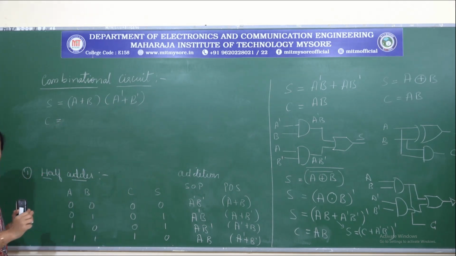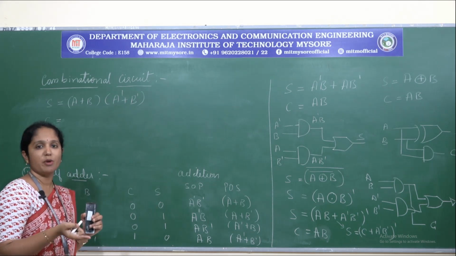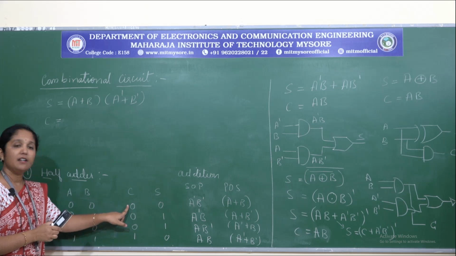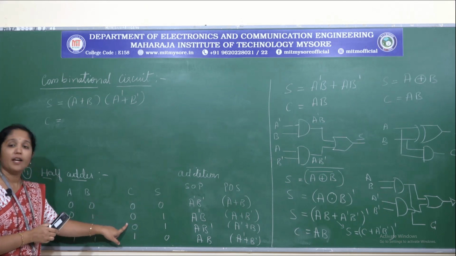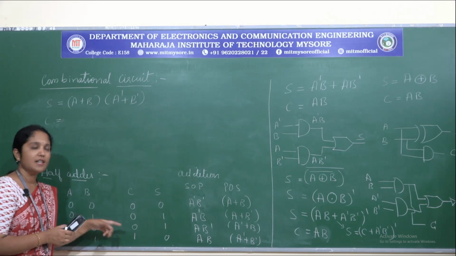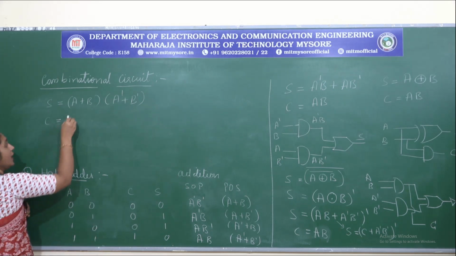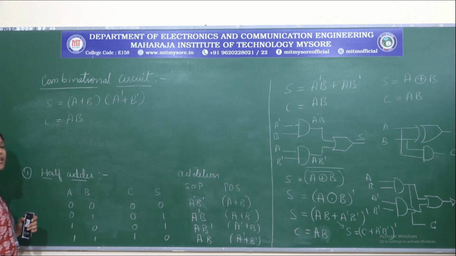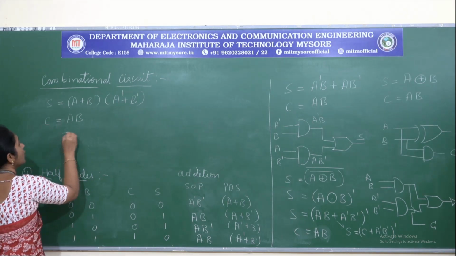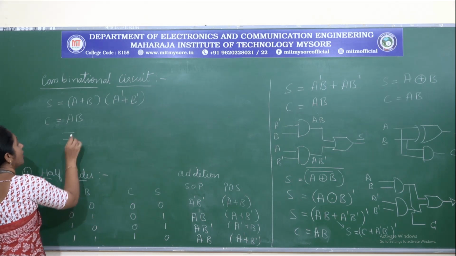So we do not prefer that, because it is going to increase the number of gates. If I write the carry expression in terms of POS, then it requires 3 OR gates and 1 3-input OR gate. So it is going to increase the gates, therefore I am going to write AB itself.